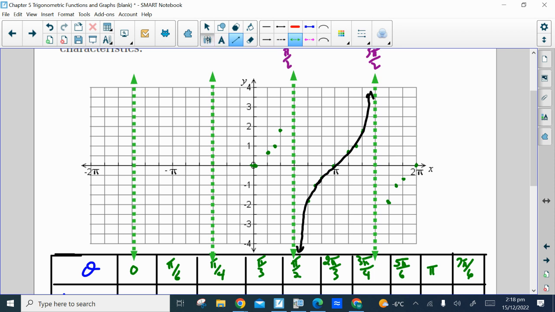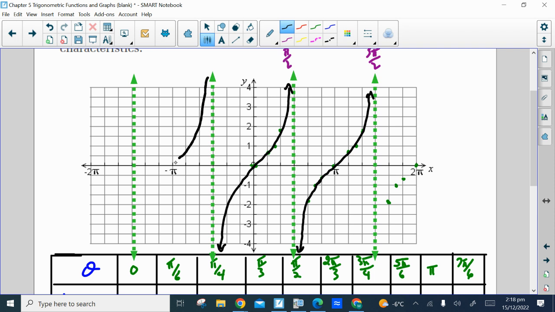And the rest of the graphs can be drawn following this same pattern. We always put arrows on the end to show that that pattern continues. So there's the graph between negative 2 pi and positive 2 pi.